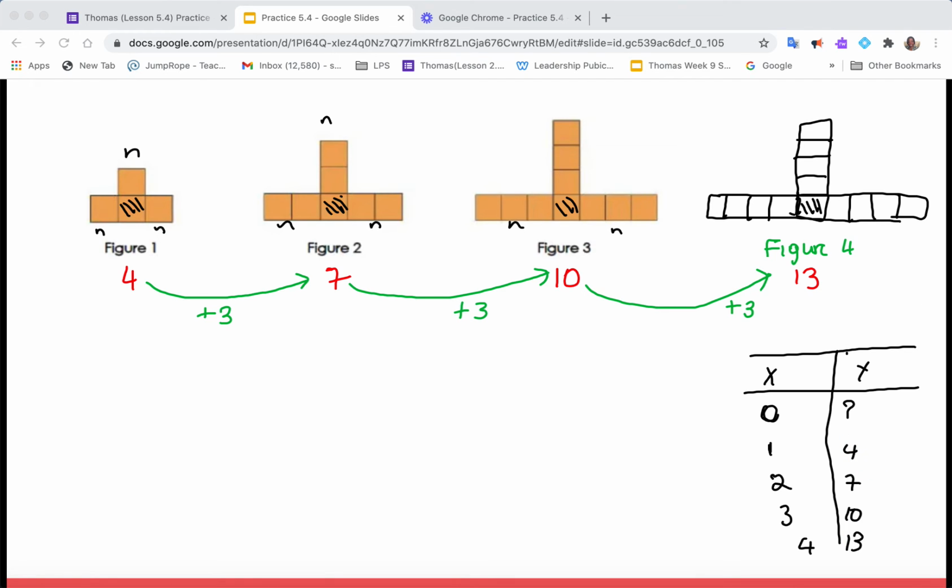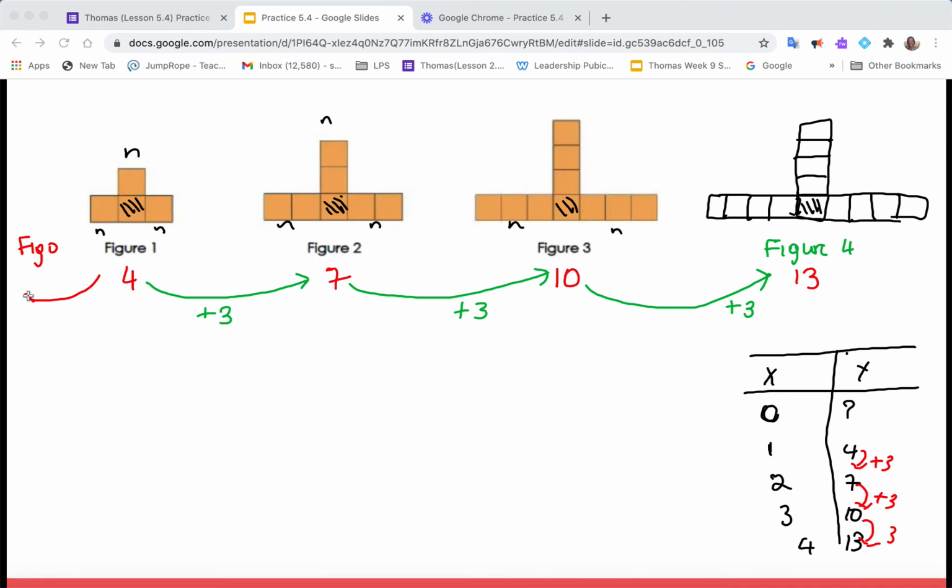So based on what we're seeing, you notice we're adding a plus 3 each time, which we can reverse. So if we're adding 3 each time, how can we find out what figure 0 would be?